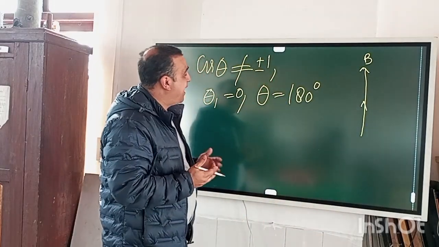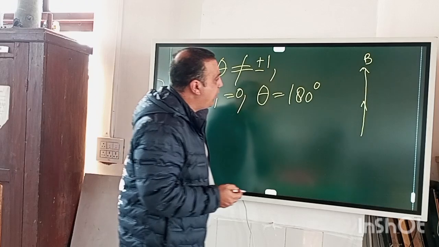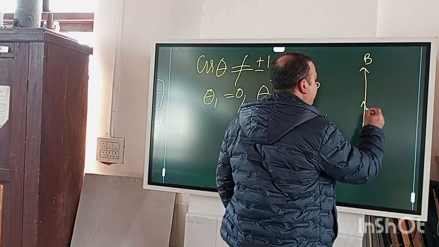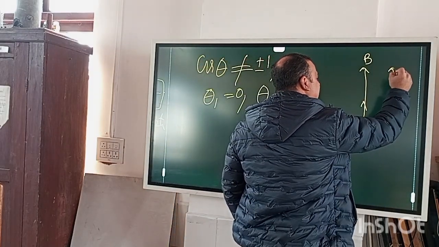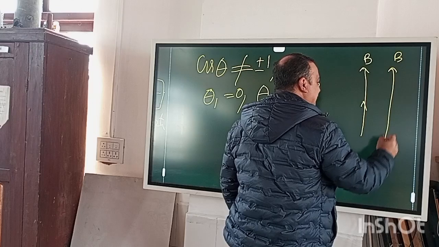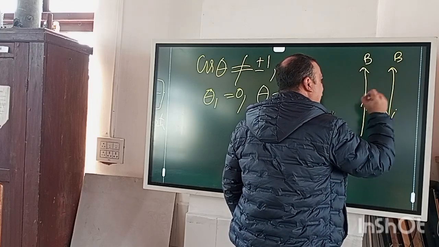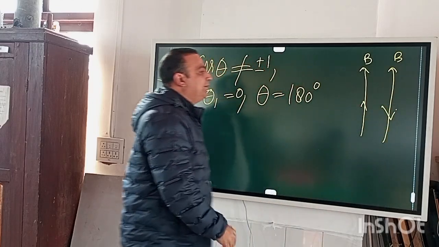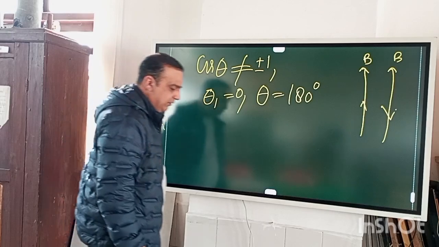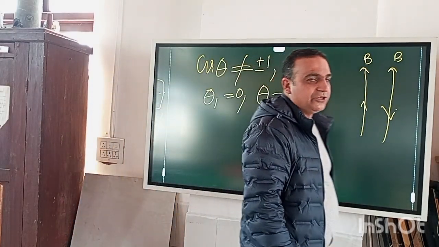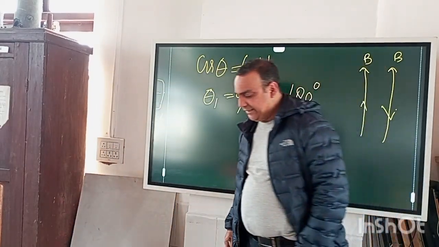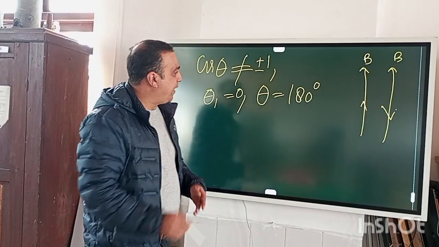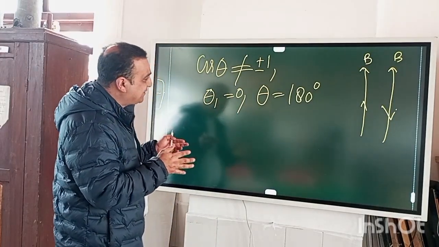Similarly, if your magnetic field is in this direction and your angular momentum is opposite to the direction of the magnetic field, you will again not be in a position to obtain the quantization. So this way, we have some exceptions here.